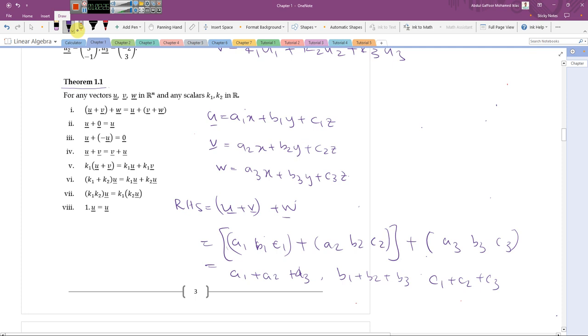Now if I put parentheses here, adding a2 and a3 first and then adding a1, it can be written as u plus (v plus w). That is very simple: first you add v and w and then u. When we do the tutorial, we will be doing many questions like this.